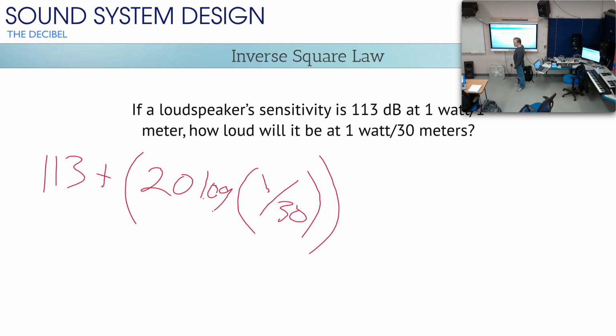So all we have to do is multiply 1 watt by 199.5. So times 1 watt, and we get 199.5 watts. What that means is we need 200 watts, basically. We need to be able to put 200 watts into that JF100E in order to create 100 dB at 10 meters.